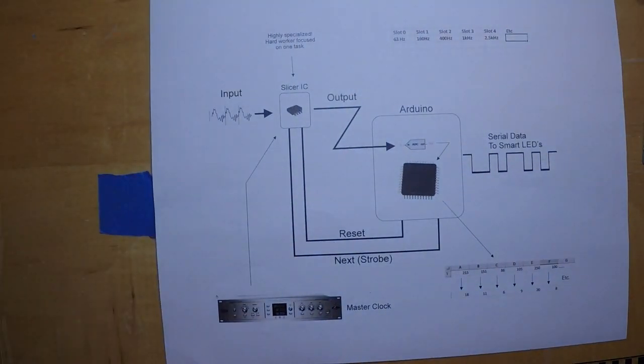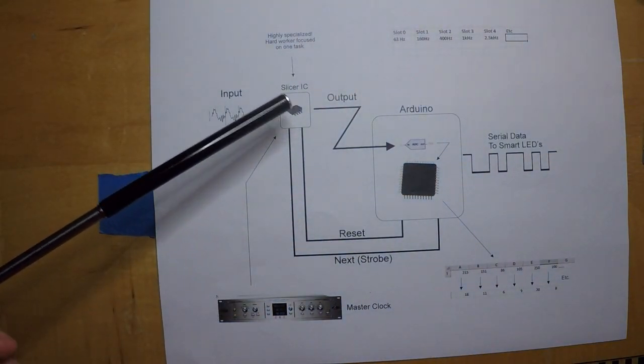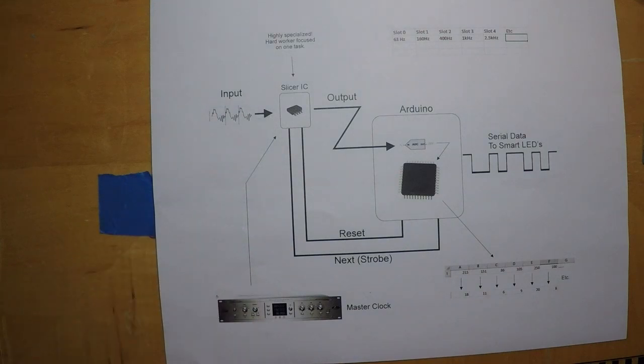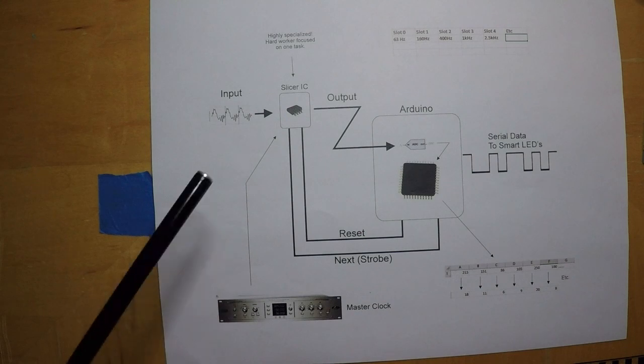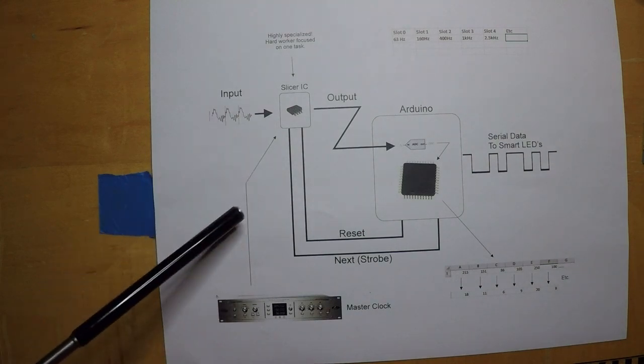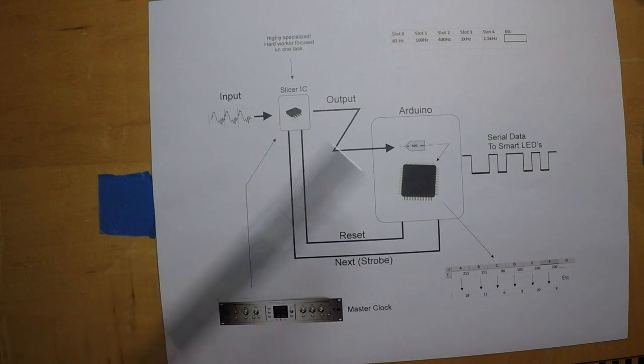And that leads me to my next point about surface mounted components. Now, this master clock is being fed to the slicer IC, and it has to be a steady train of pulses. The better this pulse train is, the more reliable the output you're going to get out of this slicer IC.